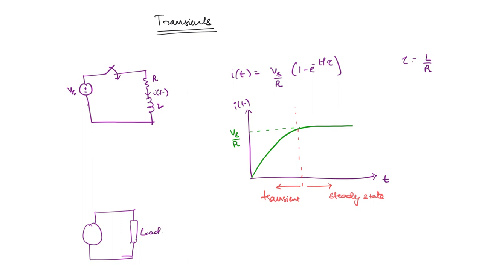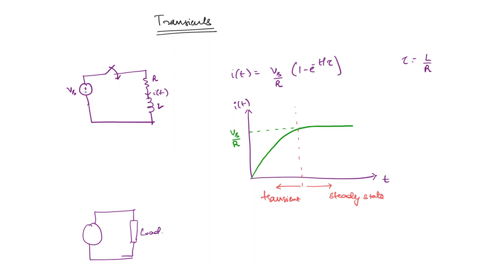So when there is a change in the load, or a change in the mechanical input to the generator, there are going to be transients. Any change in the network gives rise to a transient state, and after the transient, it will eventually settle back onto a steady state.